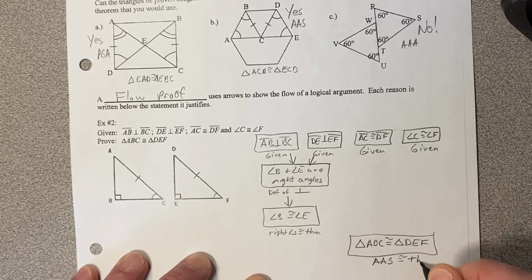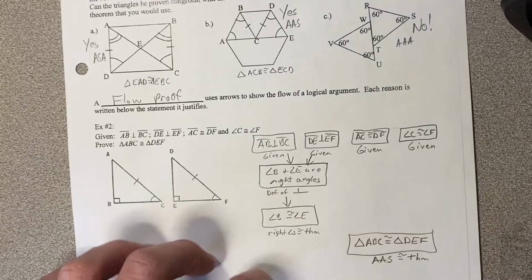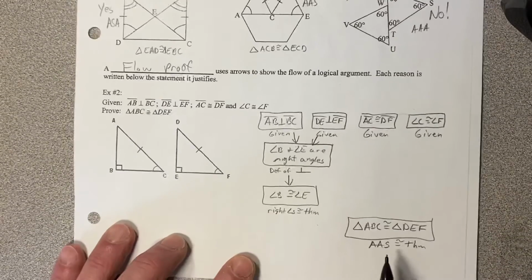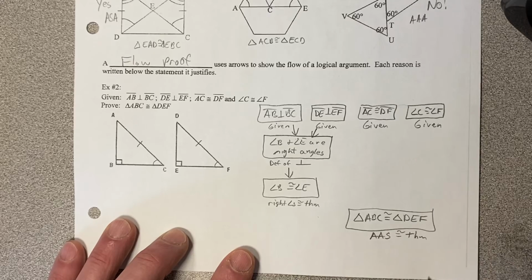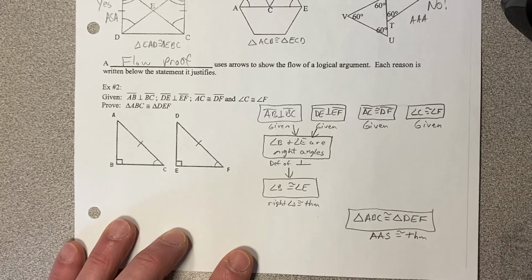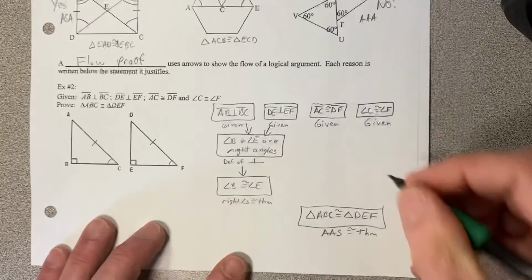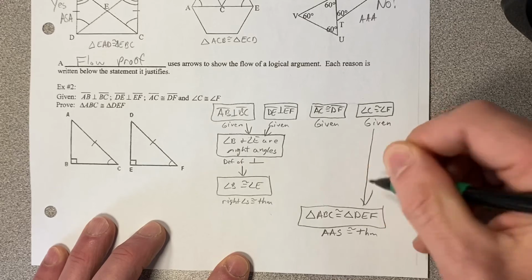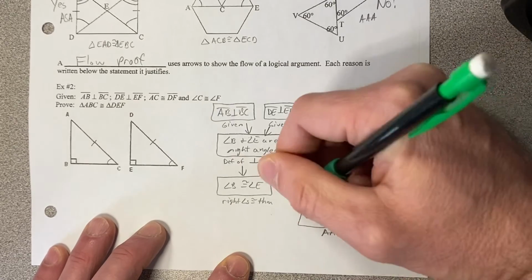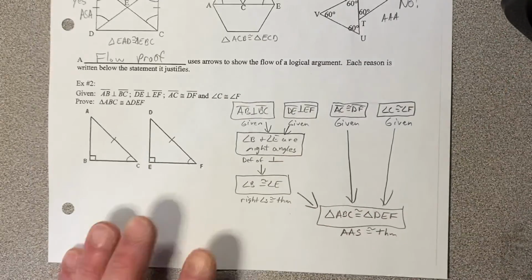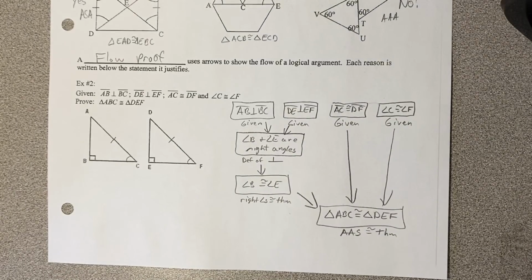If you just say angle, angle, side, you're good. Now, because we used angle, angle, side, we need to have gotten that information. We should have showed that two sets of angles are congruent, one set of sides are congruent. And so we're going to draw arrows from that information to our conclusion. And there is a flow proof.